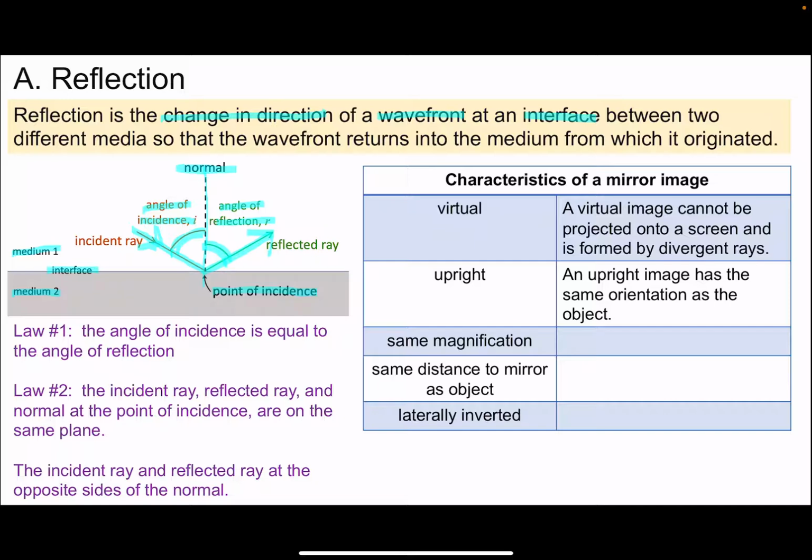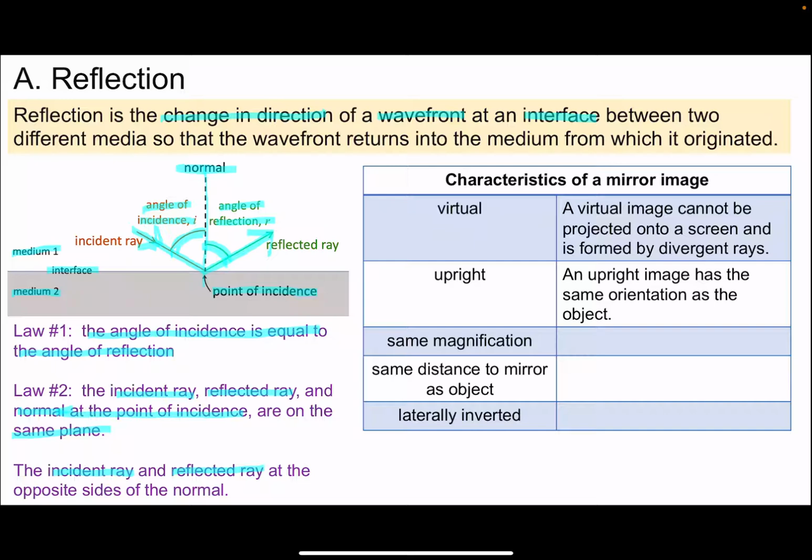Now, the laws of reflection say that the angle of incidence is equal to the angle of reflection, and that the incident ray, reflected ray, and the normal at the point of incidence are all on the same plane. And the incident ray and the reflected ray are on opposite sides of the normal.